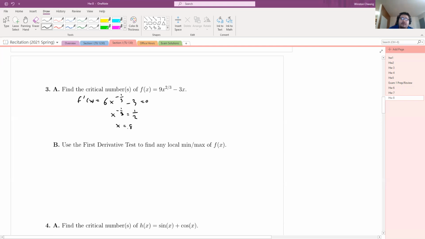Right. But if you thought it was just that, then technically you'd be wrong, because there's another critical number here, which is when it's undefined. The way to see that better is if we rewrite this f prime to not involve this negative power. If we instead write this as a cube root in the denominator, you can see immediately that this is undefined for x is equal to 0.